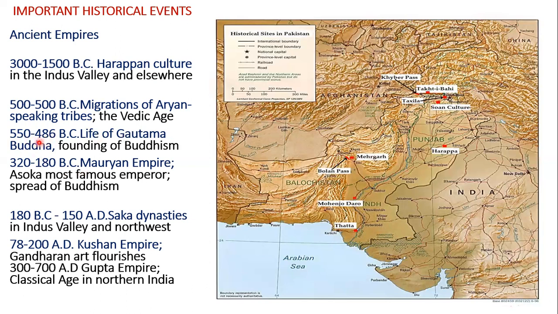Okay. Then the Gandhara civilization, 550 to 486 BC, meaning before the birth of Hazrat Isa, peace be upon him.